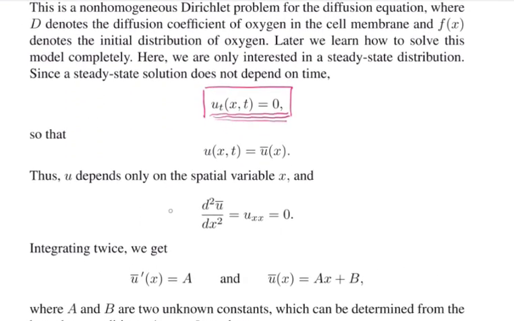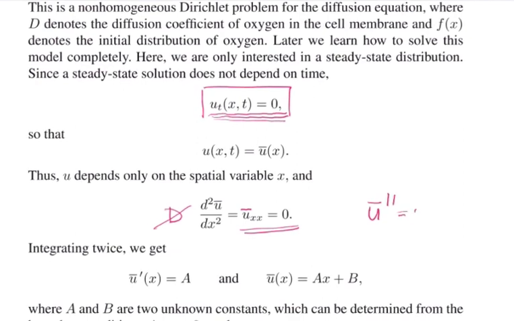And then the factor d in front we can actually remove, because the second derivative has to be equal to 0. And here there should be a bar. So u bar_xx is 0. This also means you can read this as u bar prime prime is 0.